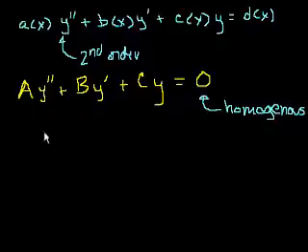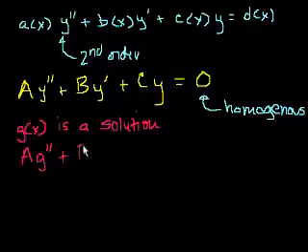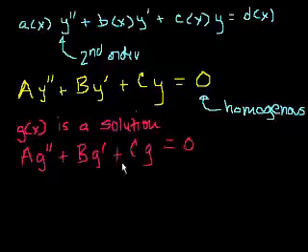Let me just throw out something. Let's say that g of x is a solution. So that means that a times g prime prime plus b times g prime plus c times g is equal to 0, right?